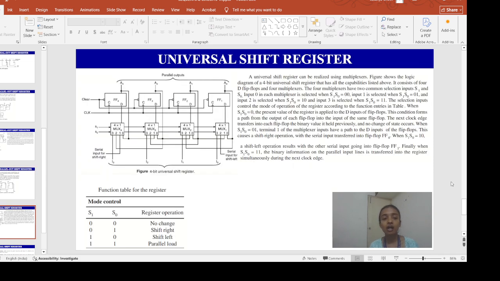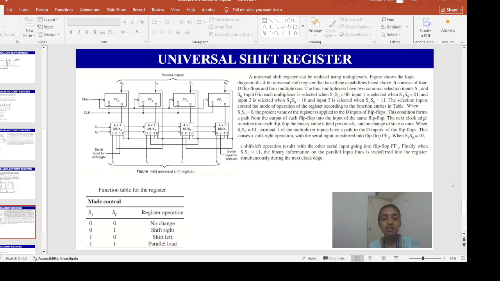All right. Now we will discuss the universal shift register. What is a universal shift register? A register capable of shifting in one direction only is a unidirectional shift register. One that can shift in both directions, we call a bidirectional shift register.